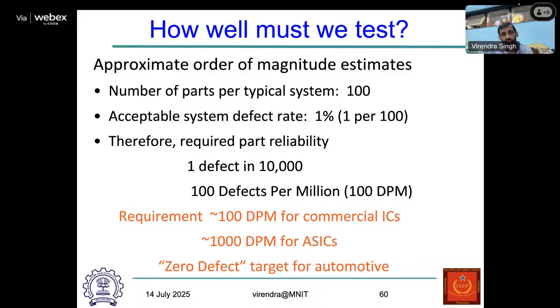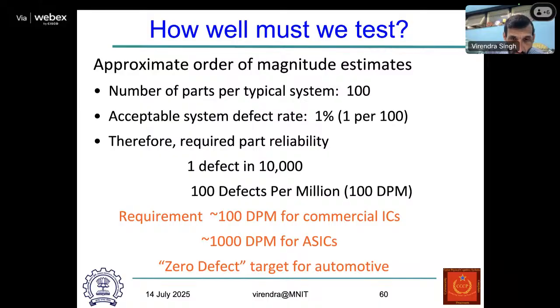Now, 100 systems will have how many chips? If one system has 100 chips, in that case we can have 10,000 chips in 100 systems. Now if any of the 10,000 chips goes bad, one of the systems will go bad. So that means here one defective chip can bring in a 1% defect rate.